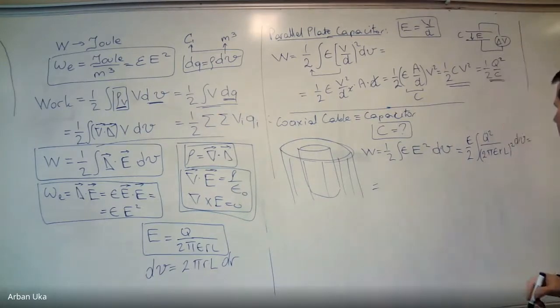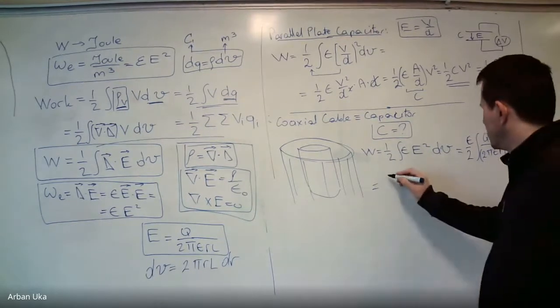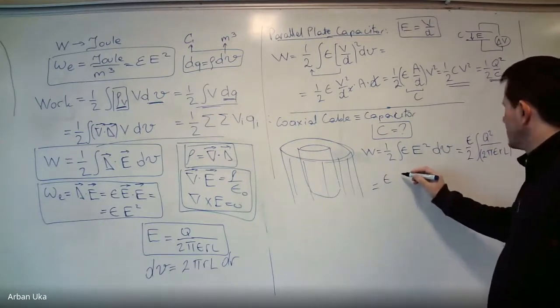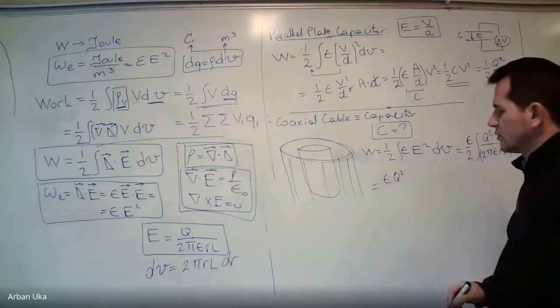We can take all the constants out of the integral and keep inside whatever terms are not constant. So here we get permittivity times Q squared.